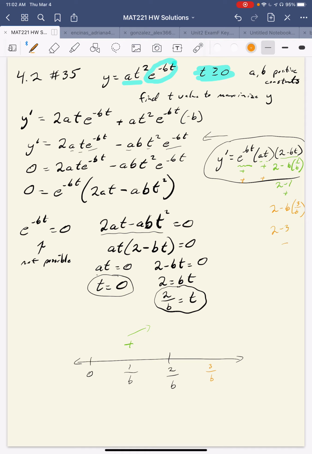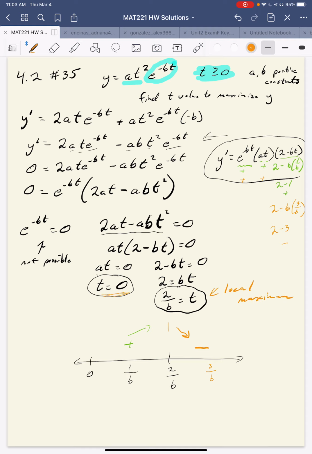So positive times a negative gives me a negative, which tells me my original function was decreasing, which tells me that when t is equal to 2 over b, I have a maximum. So this is indeed my local maximum.